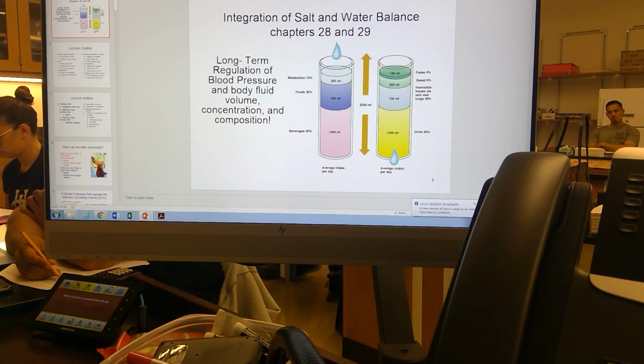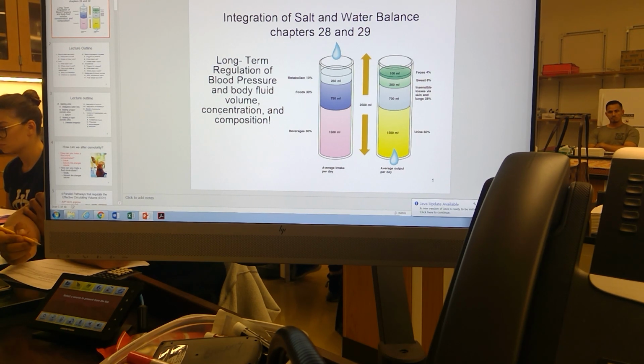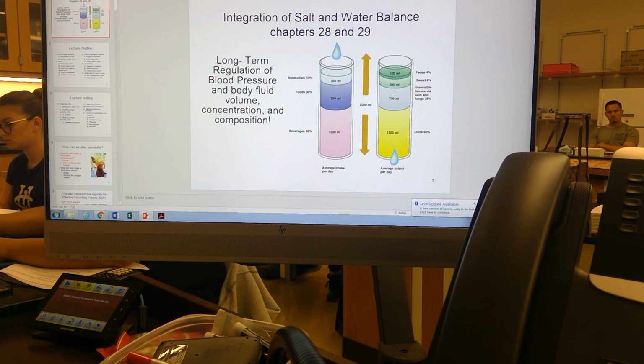So what part of the respiratory system is on Wednesday's exam? You can expect the mechanics of ventilation, how do we breathe, and the work of breathing.